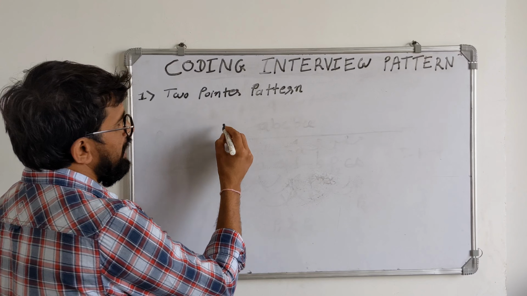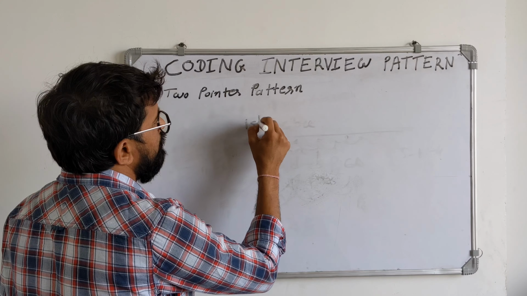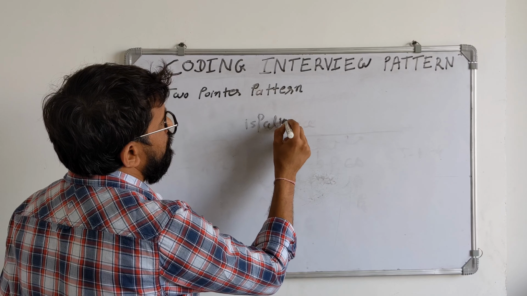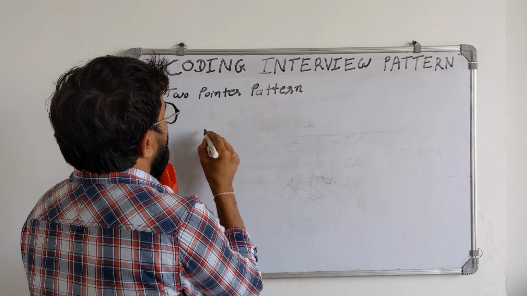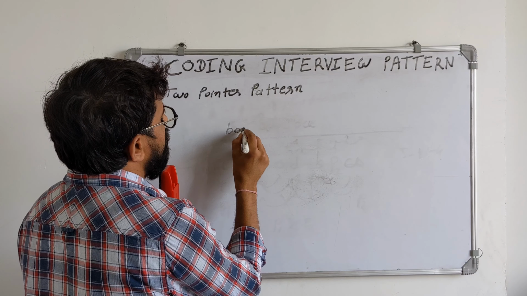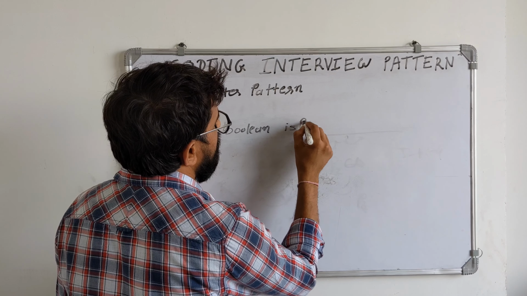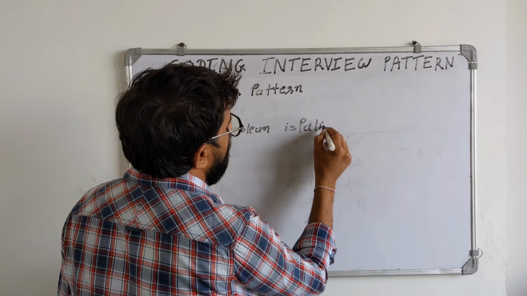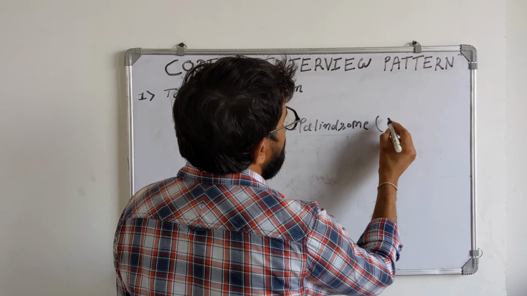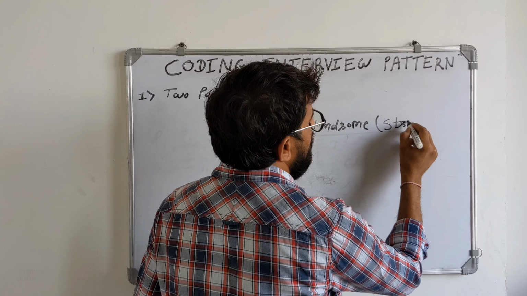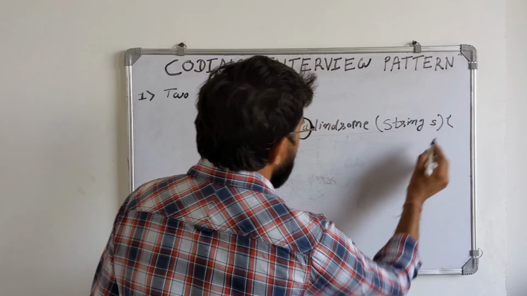So here, let's say I have a method which returns boolean and is called isPalindrome, and it takes the string S as the input.